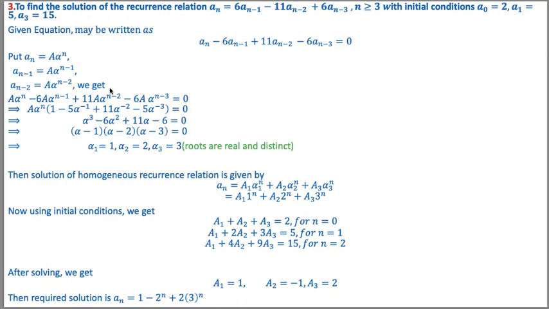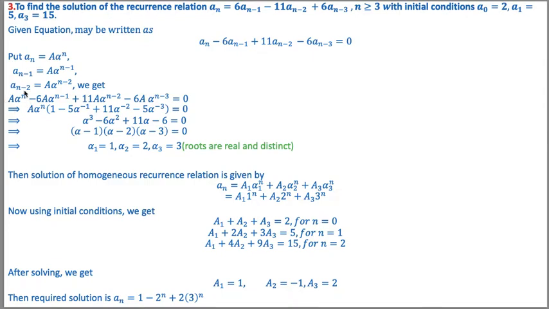Then we get, substituting in this equation, a n is a alpha n minus 6, a n minus 1 is a alpha n minus 1, plus 11, a n minus 2 is a alpha n minus 2, then minus 6a. If you replace n by n minus 3, we get a alpha n minus 3. So it is 6a alpha n minus 3 equal to 0.